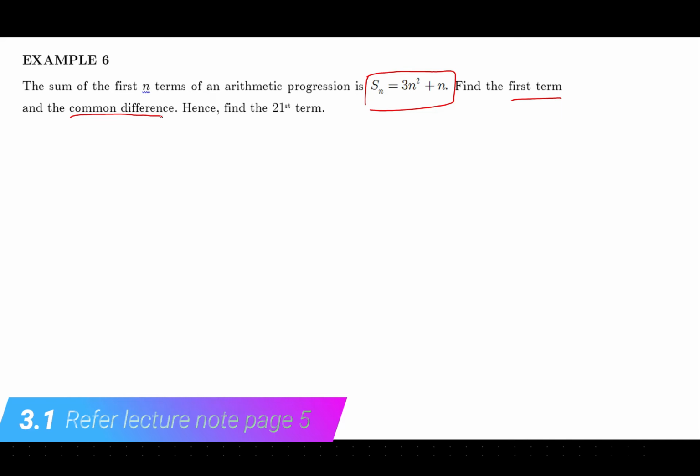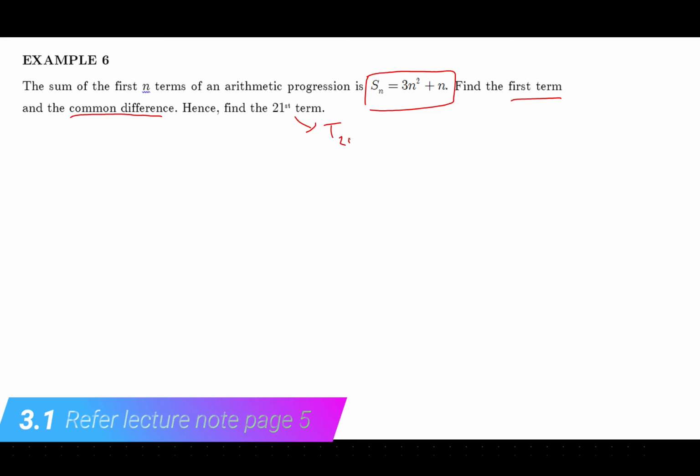So 21st term here is T21. So as we can see here in example 6, there is no arithmetic series given to us. So we do not know our A and D, but we are given our Sn. So we will just use our Sn throughout our method to solve the question.